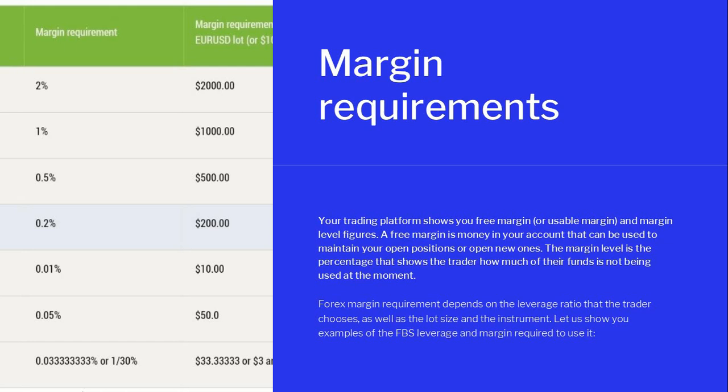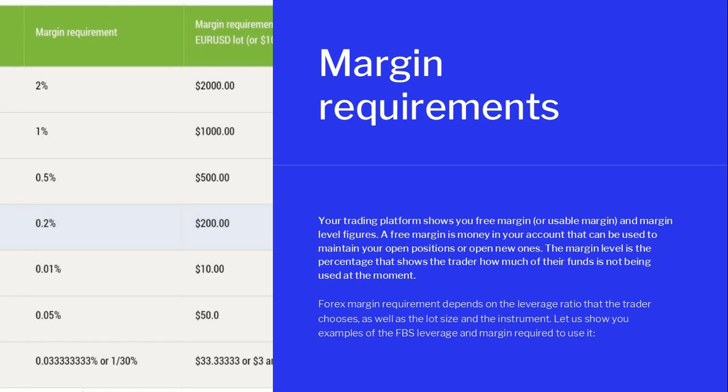So margin level depends on the leverage ratio that a trader chooses. It is very important that you consider that.